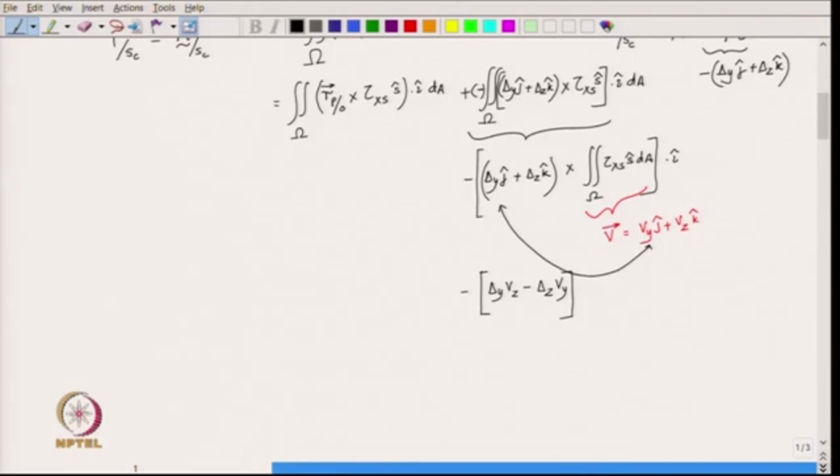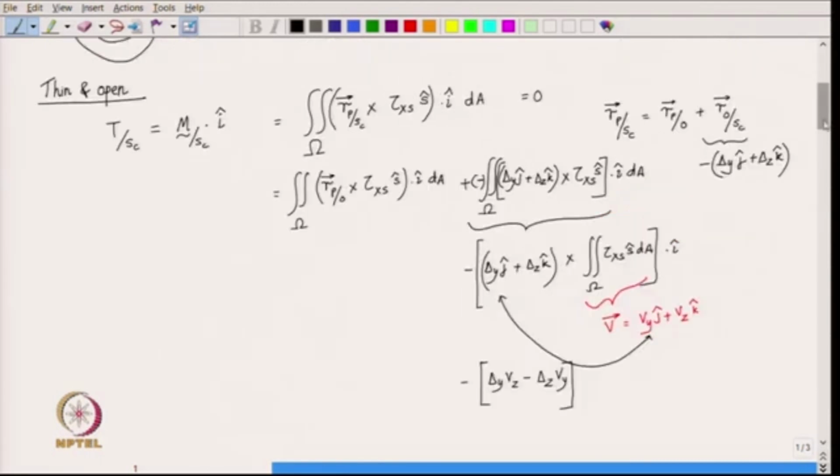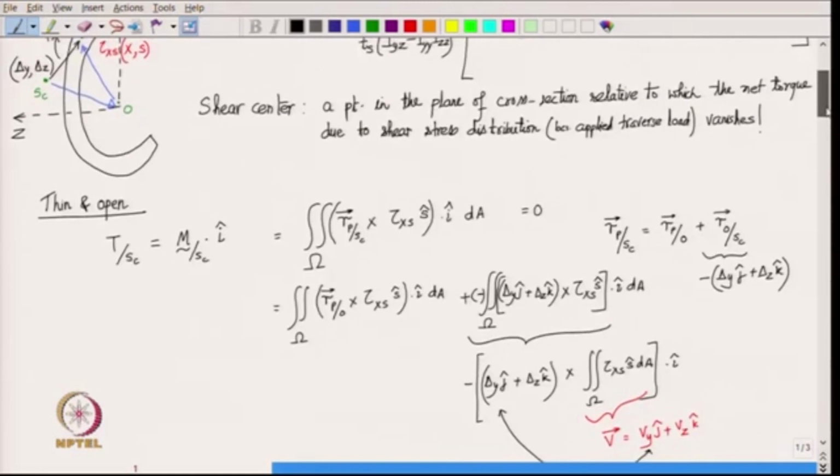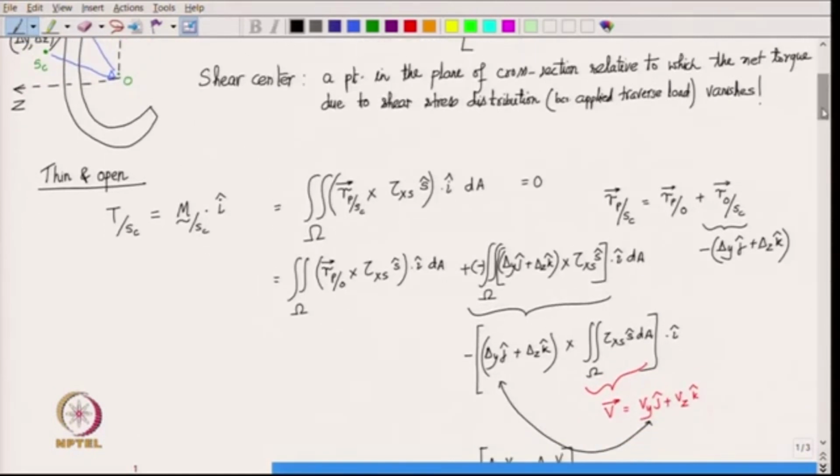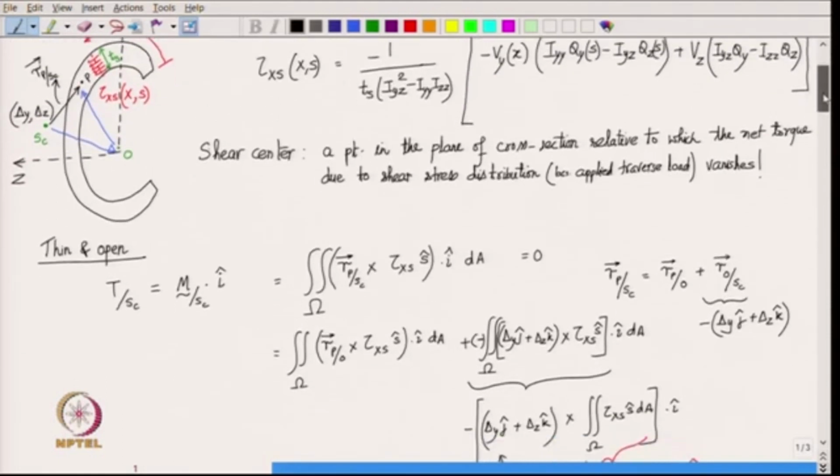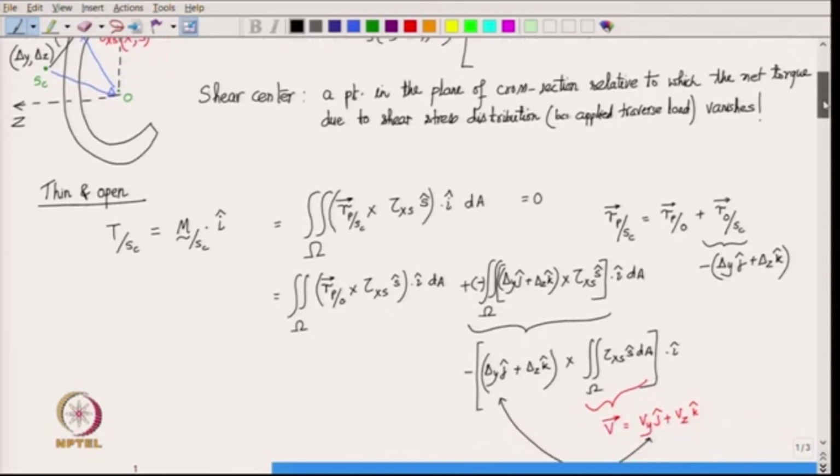All right. Now, let us focus on the first term. Because we said that our cross section is thin, we can do some thin approximation. So, look at the first integral here.